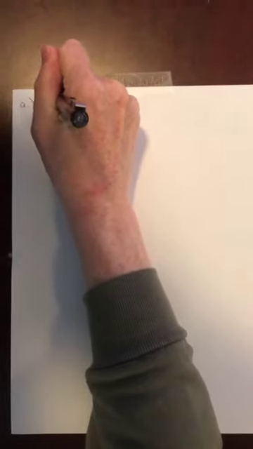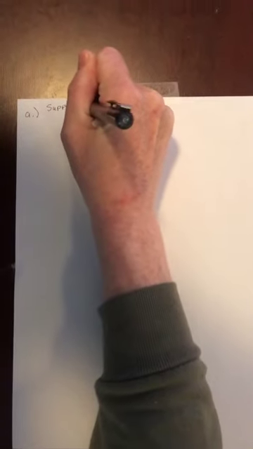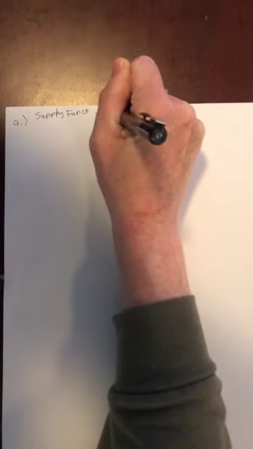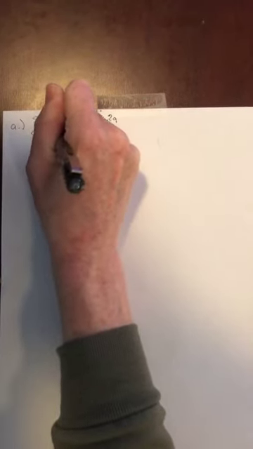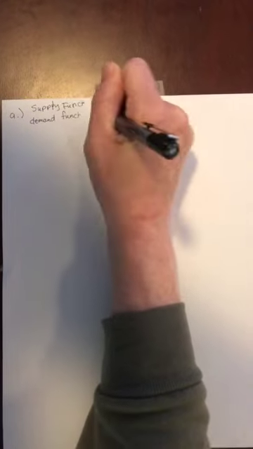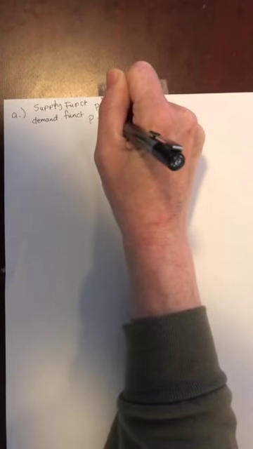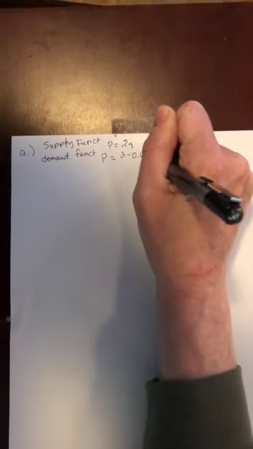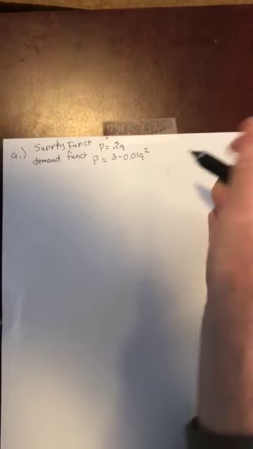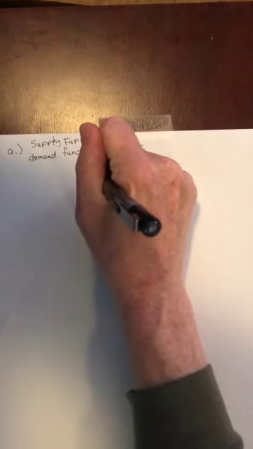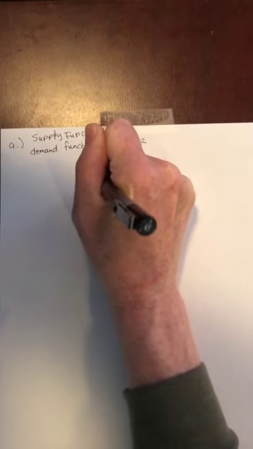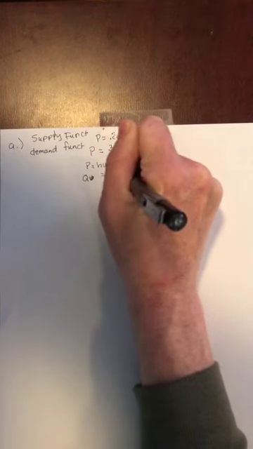So our supply function is P equals 0.2 Q, and demand function is P equals 3 minus 0.01 Q squared, where the price is in hundreds and the quantity is in thousands.